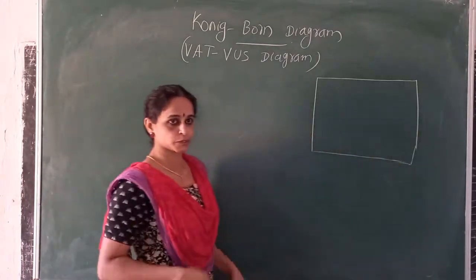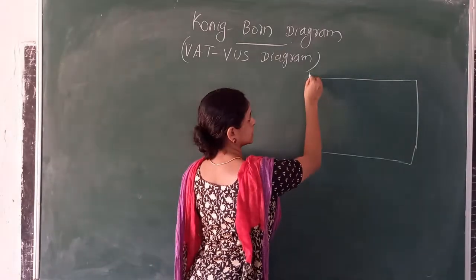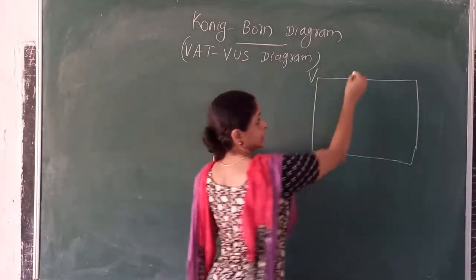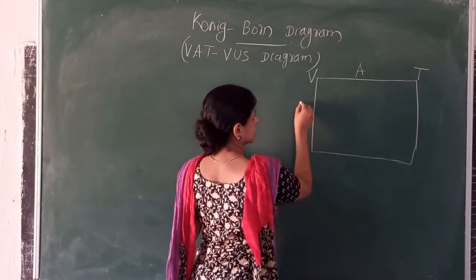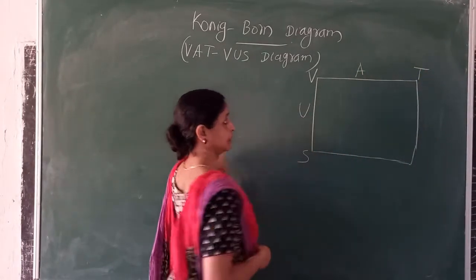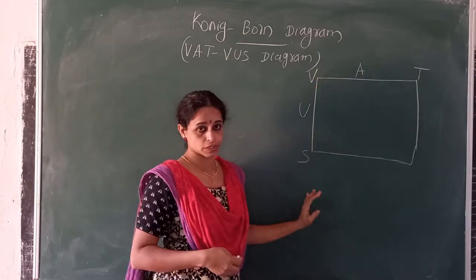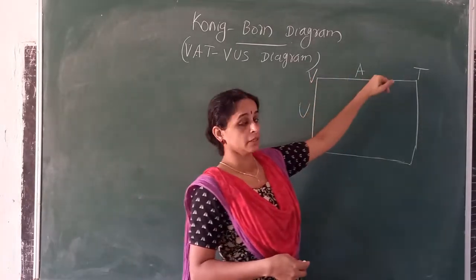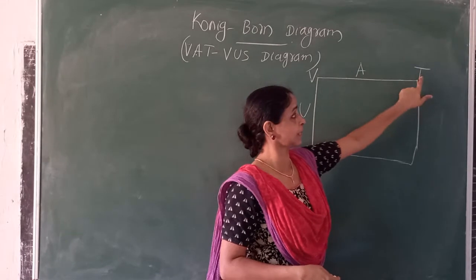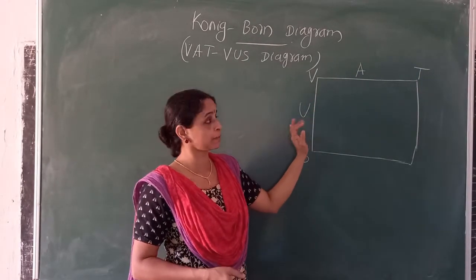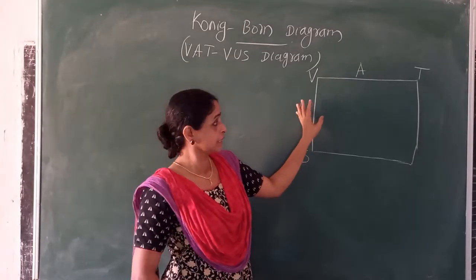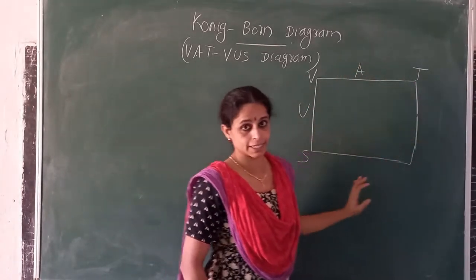VAT VUS means the left corner is V, then on the top A, here U, and S. It is volume, this is the Helmholtz function, temperature, internal energy. These thermodynamic potentials are written in the center of each side.